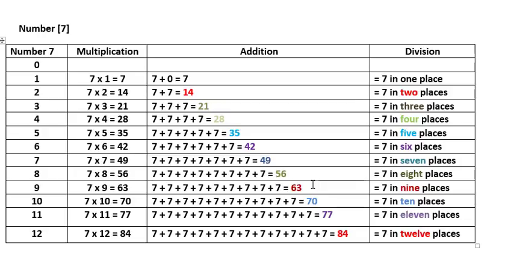That being said about addition, we can also see subtraction in these numbers. Like we said in the previous video, let's take, for example, 7 times 12 equals 84. That is 7 in 12 places. What if we take one 7 away out of these 12 7s? It remains 11.